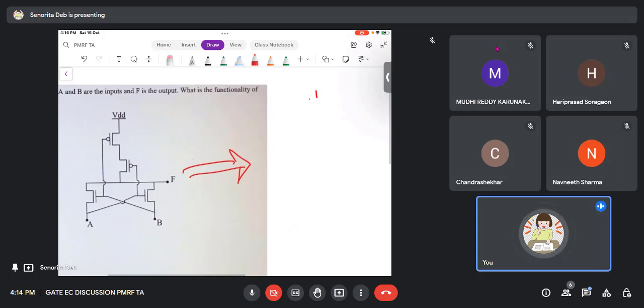Now you would have seen this kind of a circuit, right? It has not yet come because of my internet. Let it come, then we will start. B, A, this is B, this is A, B. Don't know what to do. You guys are not able to see the redrawn circuit, right?